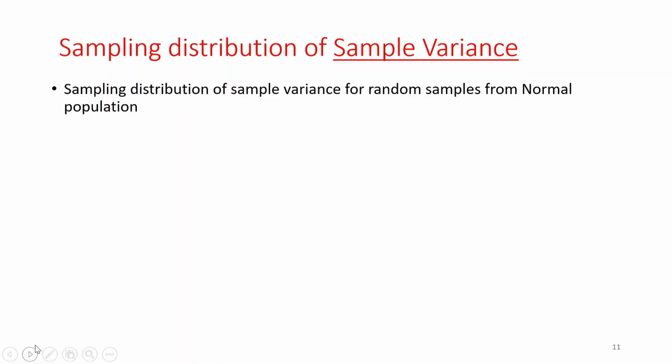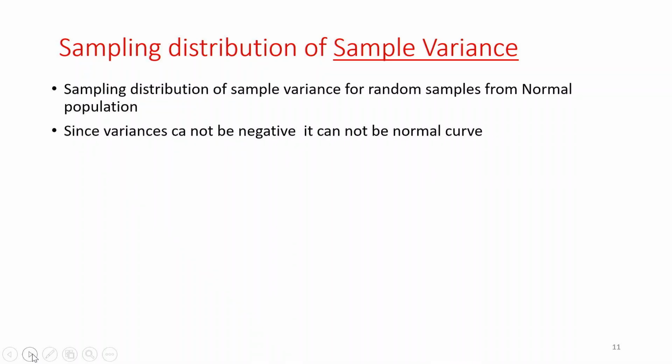So, the sampling distribution of sample variance for random samples from normal populations. The population is normal. Since variances cannot be negative, it cannot be a normal curve.